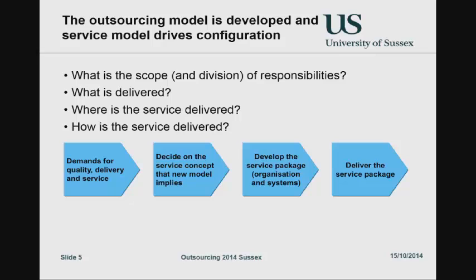So sorting out who is doing what, what precisely must be delivered, and where the service must be done, is also quite important. If there is an element of offshoring, for example, you need to know that. In financial services, some aspects of offshoring, particularly of data management and data protection, need to be very, very carefully thought through.